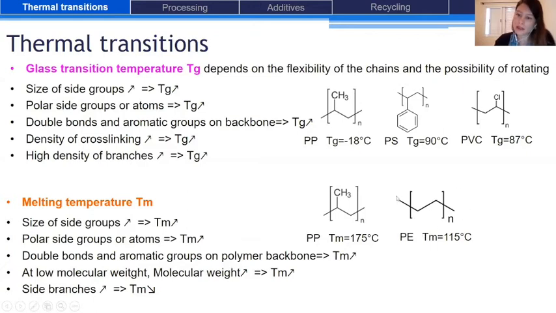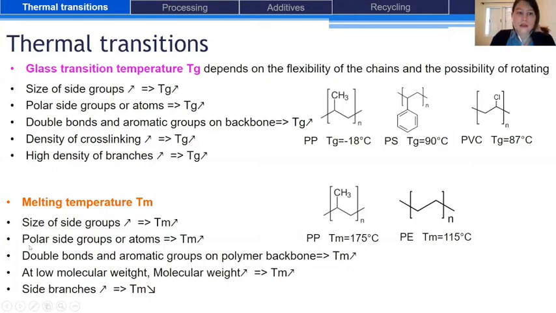Polyethylene has only hydrogen atoms as side groups, and its melting temperature is 115 degrees C. Polypropylene has a very similar structure, but instead of having hydrogen side atoms, it has one methyl side group, and this group increases the melting temperature.